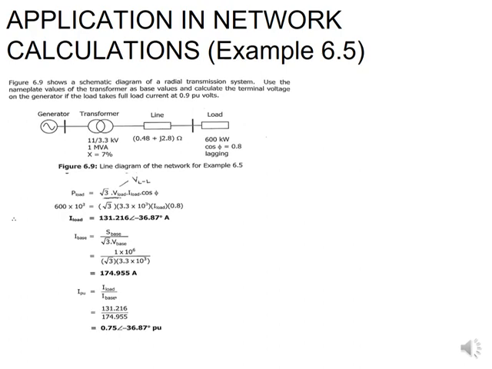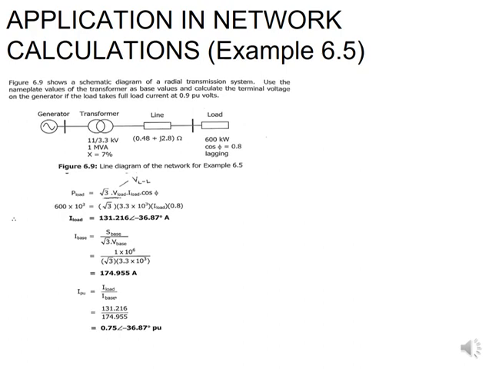I make it equal to the square root of 3 and I multiply by 3.3. Why 3.3? Because the load is actually at 3.3. Look at the transformer. From the transformer, you have a line and it goes directly to the load. So that's why it's at 3.3 kV. And I multiply then by my current and by the 0.8, which is my power factor. I am then able to get my current as 1.31216.